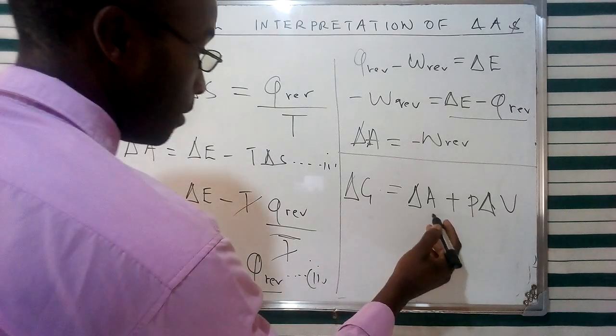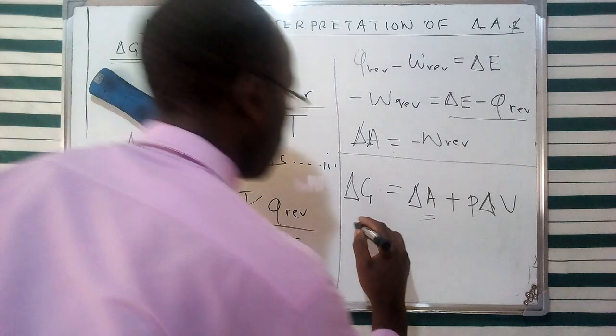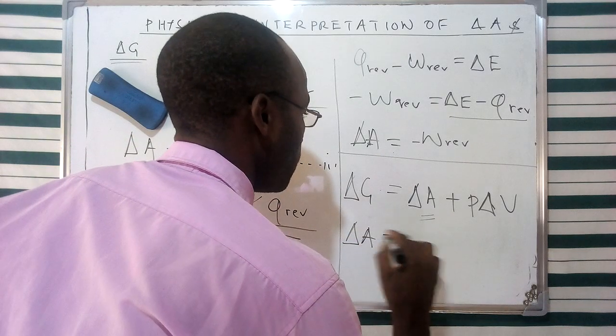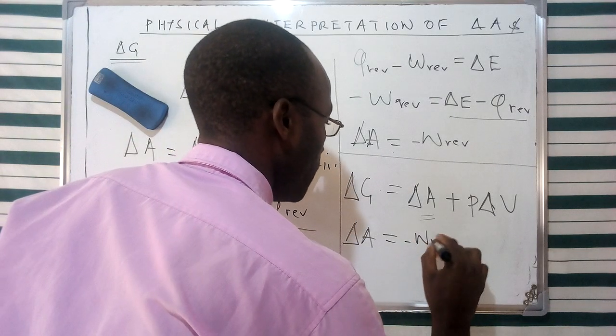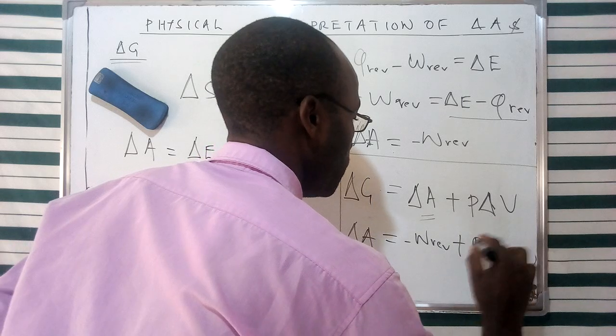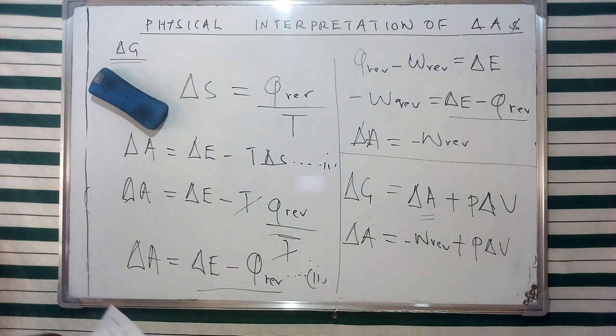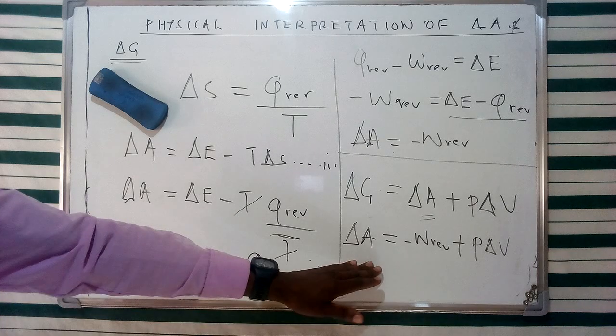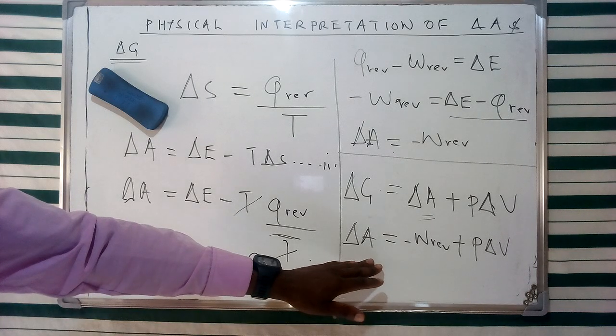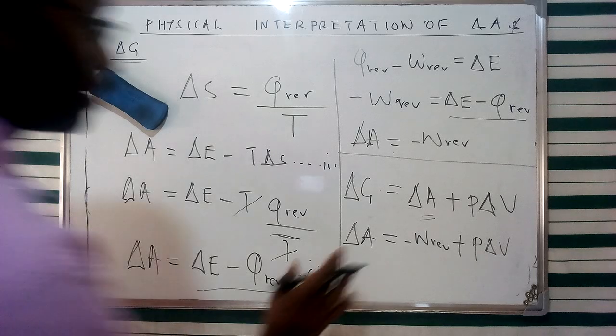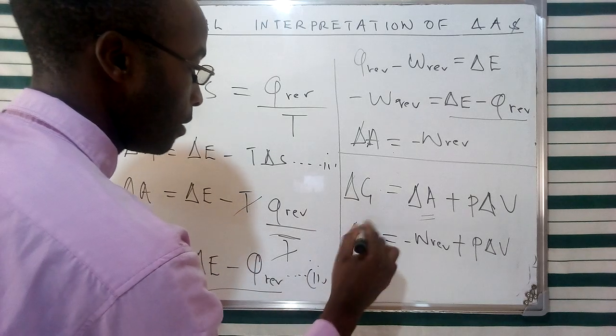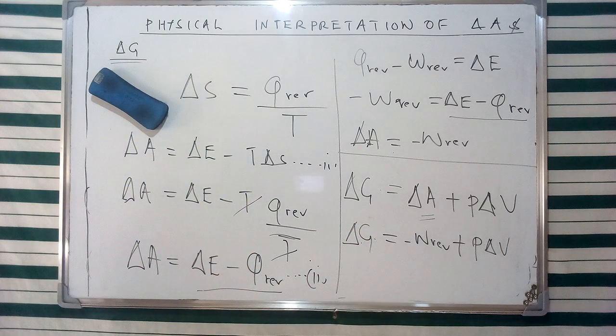And then we have said that this is going to represent the work element. So we do a substitution and find this delta A is the same as negative W plus P delta V, which is going to be represented as such. So in this case, the derivation of the Gibbs free energy can then be represented. So this is delta G using this specific equation.